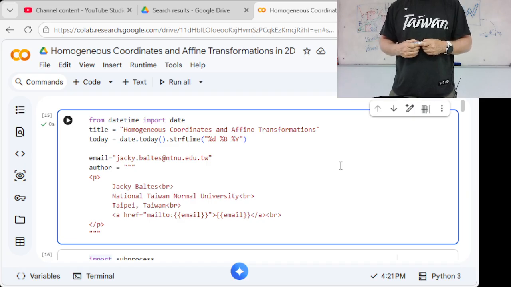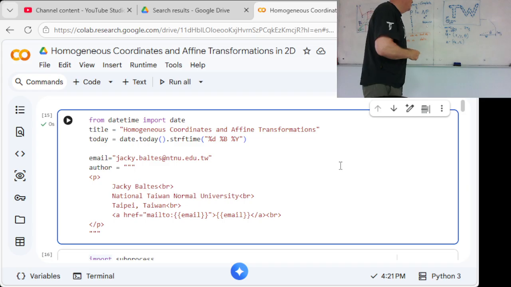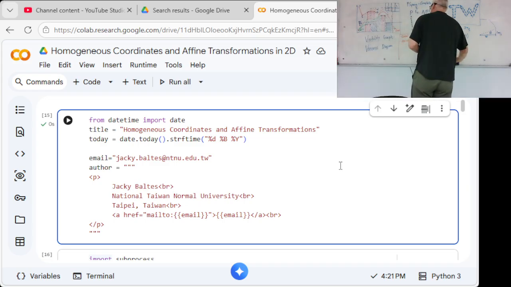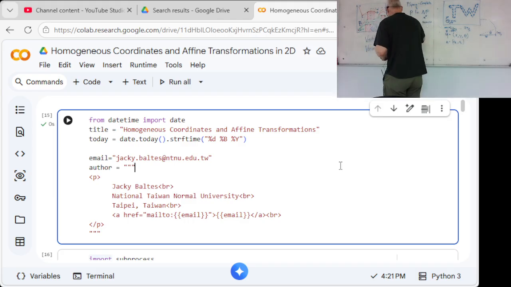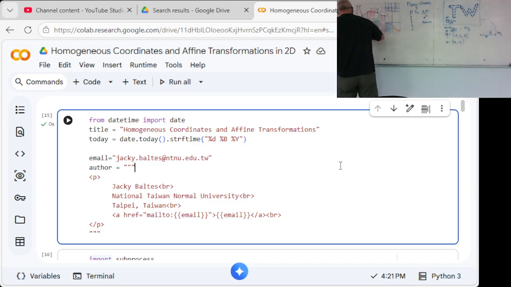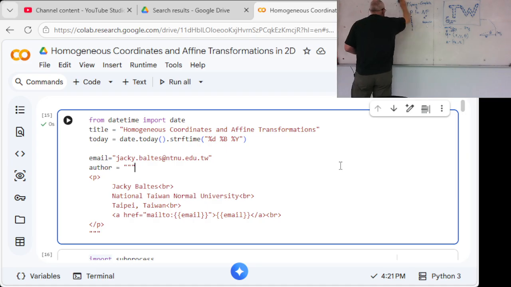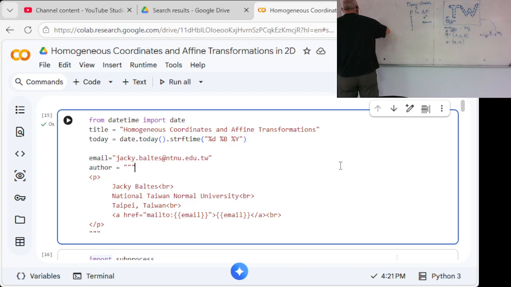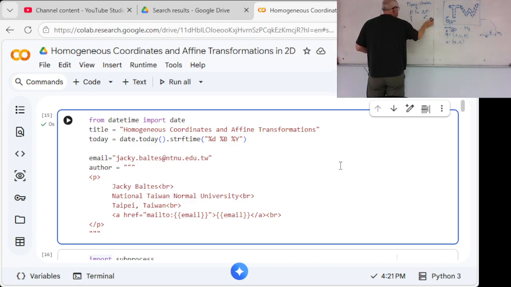So what we want to do today is implement a simple simulation in Python and Matplotlib.